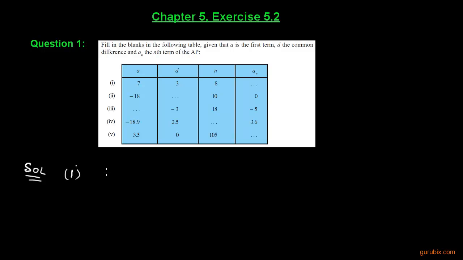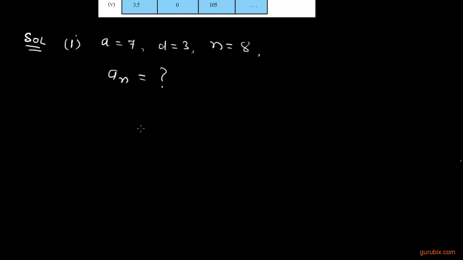In the first part we are given A equals 7, D equals 3, N equals 8, and we have to calculate AN. This means we have to calculate the nth term. Let me introduce the general term of the AP first.